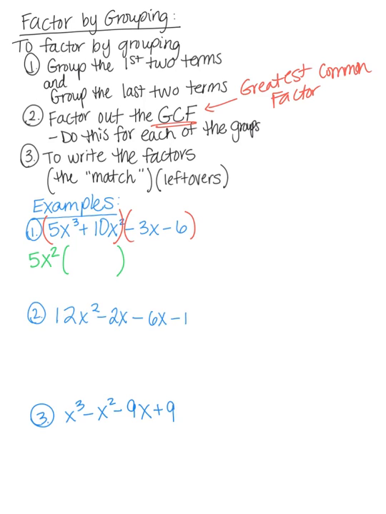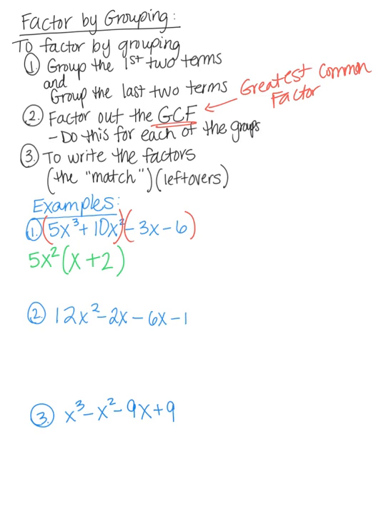Remember, factoring out means I'm basically undistributing, even though that's not really a thing. And it's not a word, so we call it factoring. So if I take 5x cubed and divide it by 5x squared, I'd get just an x. If I take 10x squared and divide it by 5x squared, I'd get 2. All right. So now I've factored out the GCF of my first group.